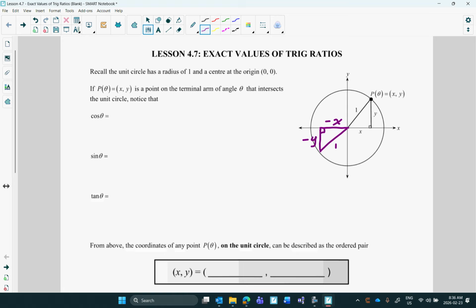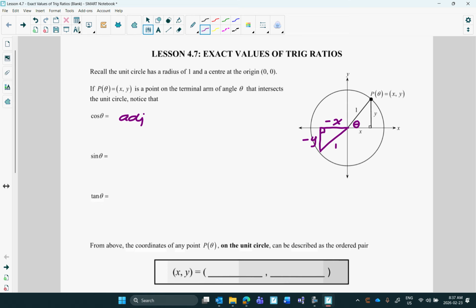No matter where we draw the right triangle, we'll focus on this one. So here's our angle theta, the angle that comes out from the center. What's the ratio to find cosine of any angle? What side over what side? Adjacent over hypotenuse.